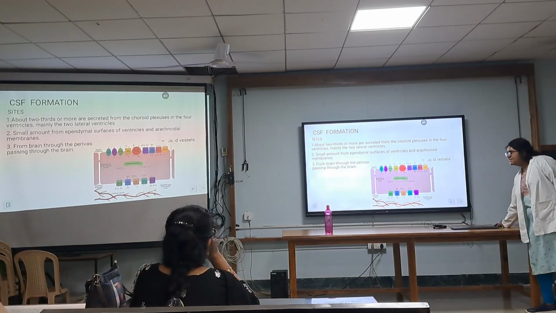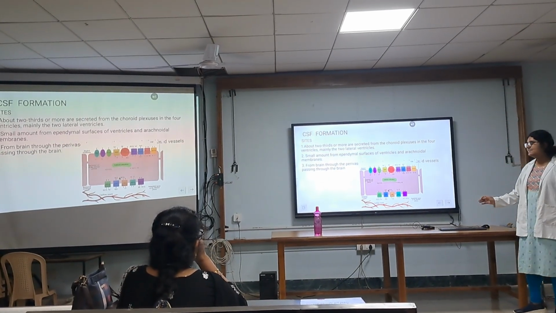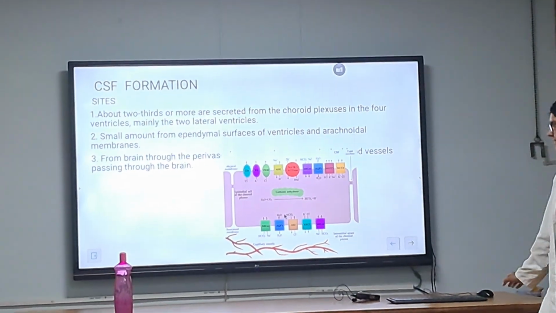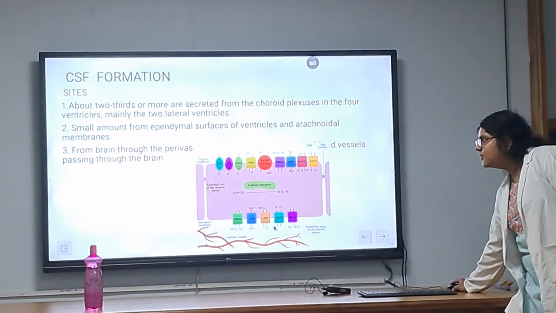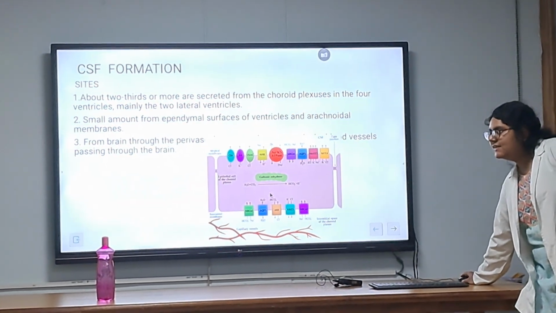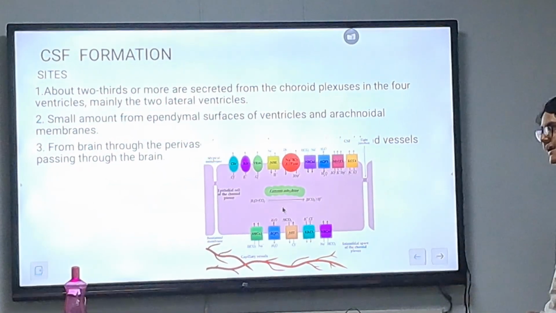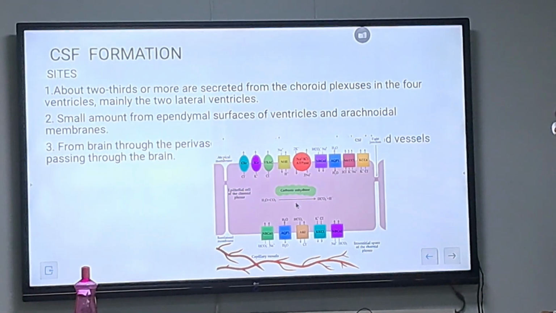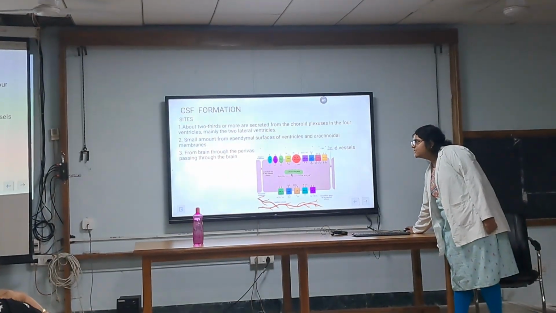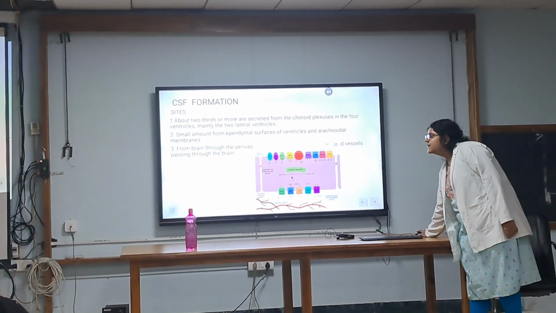Now, for the CSF formation, in the epithelial cells that lie surrounding the choroid plexuses, the active transport of sodium ions occurs, and in order to maintain the charge balance, the chloride ions are also transported inside the choroid plexus, and immediately the osmosis of water occurs through the aquaporins and the CSF is formed.